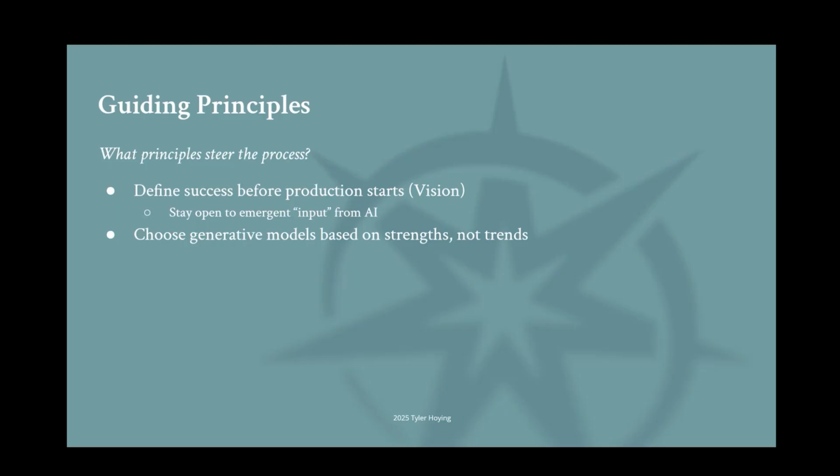Additionally, I would say to choose generative models based on their strengths and not to follow trends. You will find any number of self-proclaimed pros, masters, whatever, online who talk about the latest released models as soon as they come out.